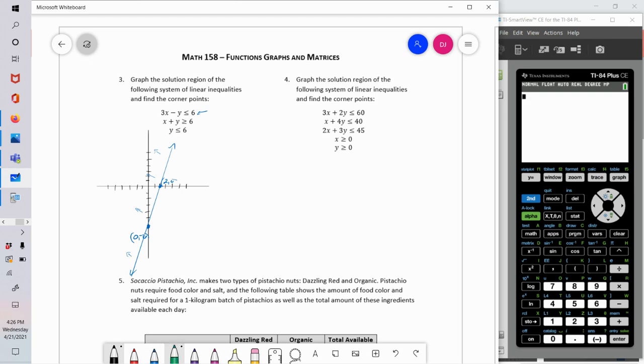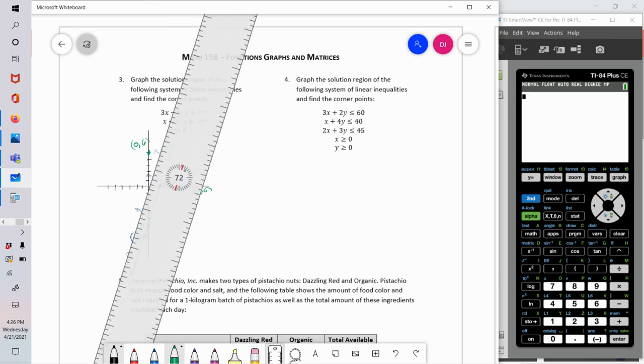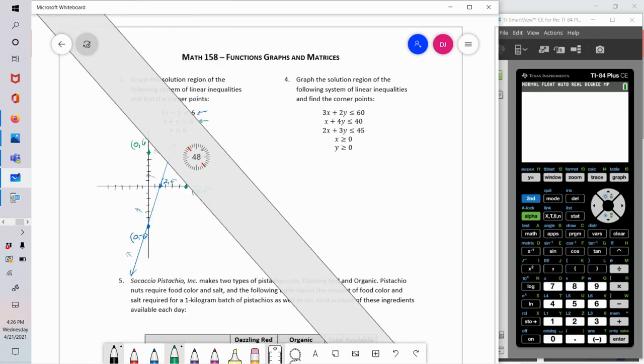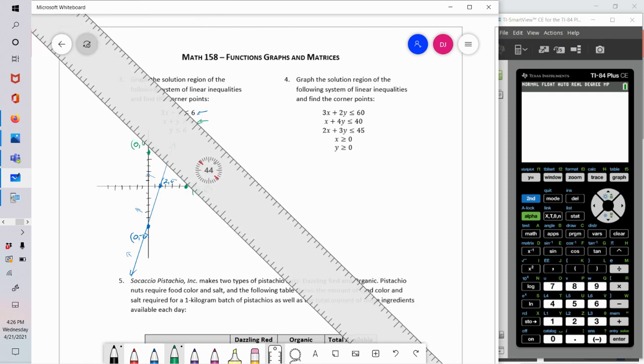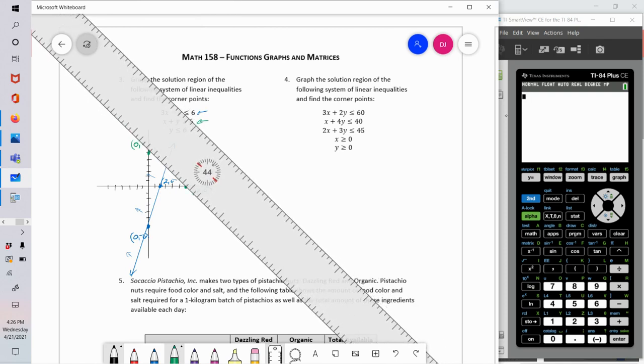Okay. Now let's use green for the next equation. Notice if x is 0, y is 6. And if y is 0, x will be 6. Okay, so here's that equation. That line.